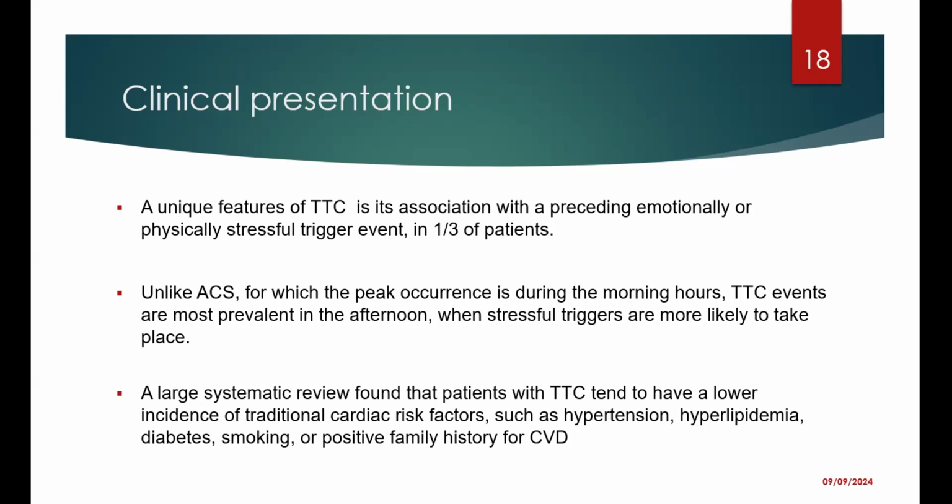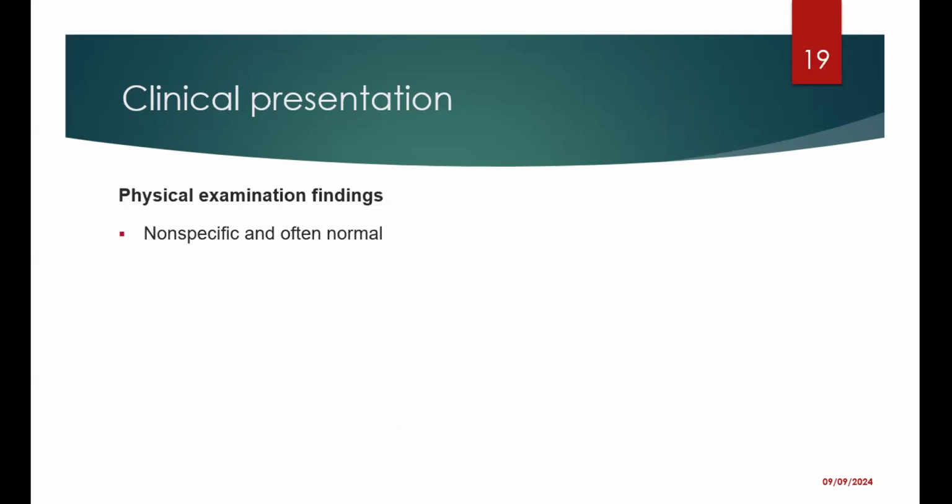And a large systematic review found that patients with Takotsubo tend to have a lower incidence of traditional cardiac risk factors such as hypertension, dyslipidemia, diabetes, smoking, or positive family history of cardiovascular disease.